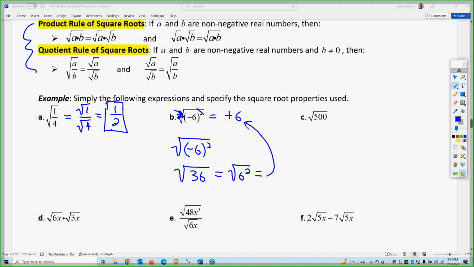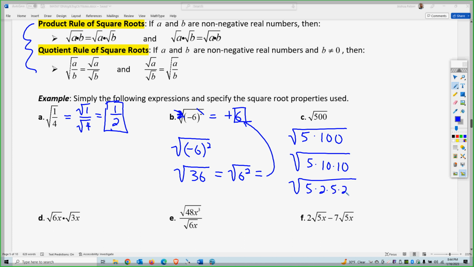You have to be careful now with the odds and the evens, because an even number of something multiplied is positive. Those ones work out perfectly, meaning everything comes out of the radical, but that's not always true. Let's try 500. That's 5 times 100, which is 5 times 10 times 10, which is 5 times 2 times 5 times 2 times 5.